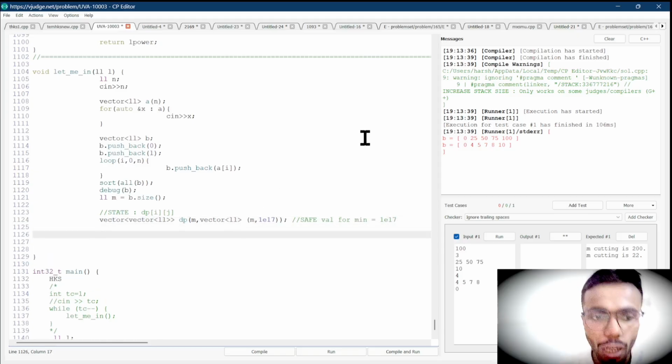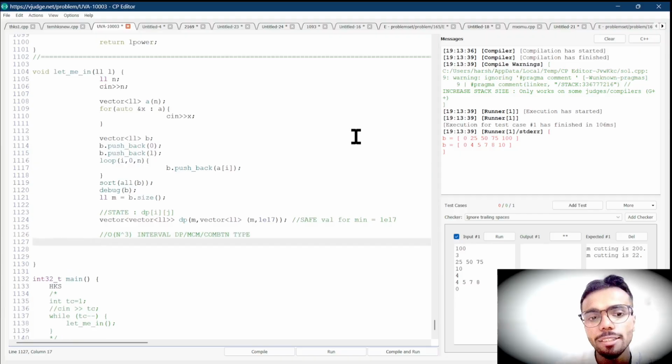Now as we already talked about, I need to use the O(N^3) interval DP. That is of MCM combination type. Can we say it? Yeah, that is of MCM combination type.